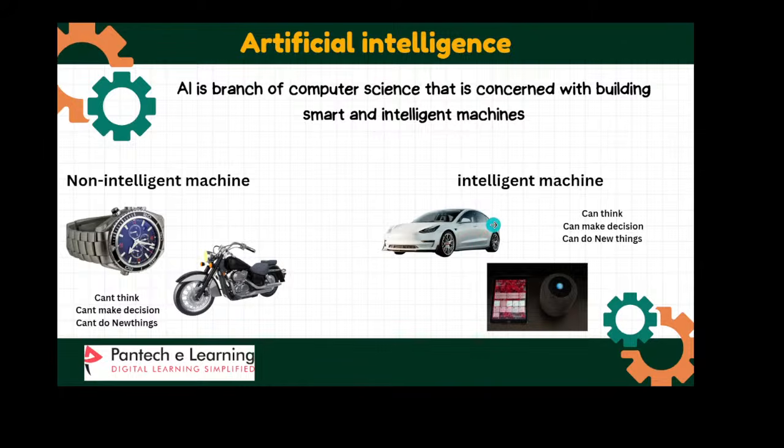The Tesla can understand a route, and based on the route it automatically takes a decision. The non-intelligent machine just does the regular work, the repeated task, by itself.